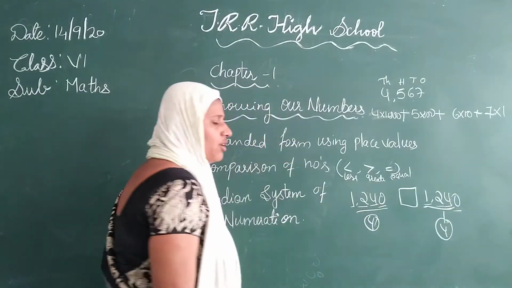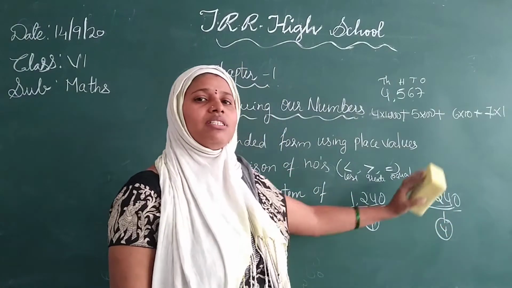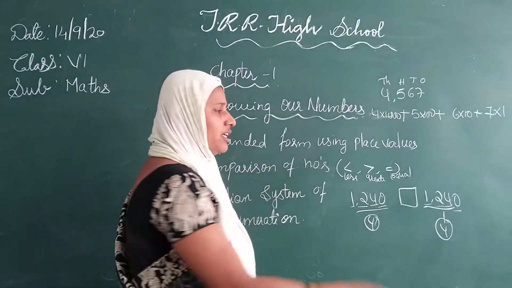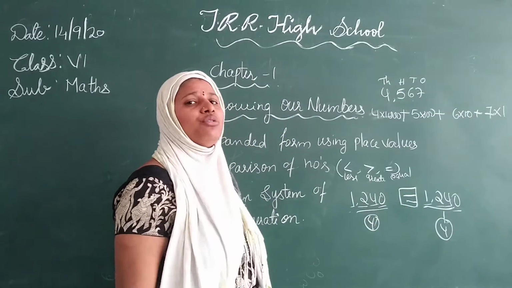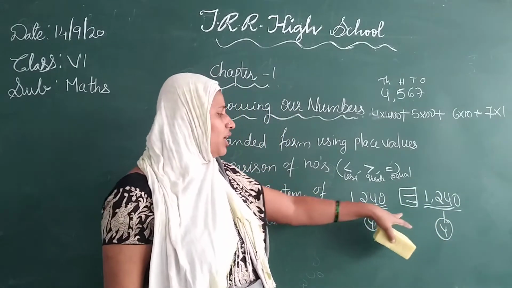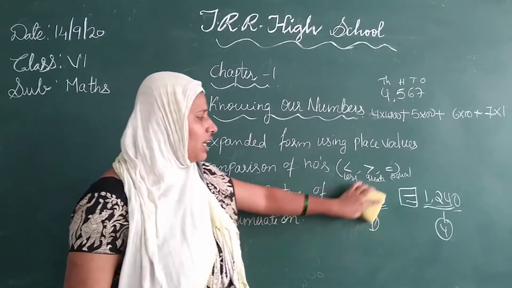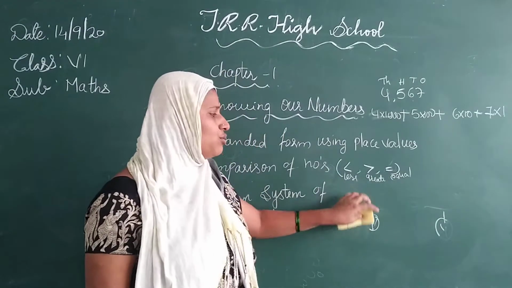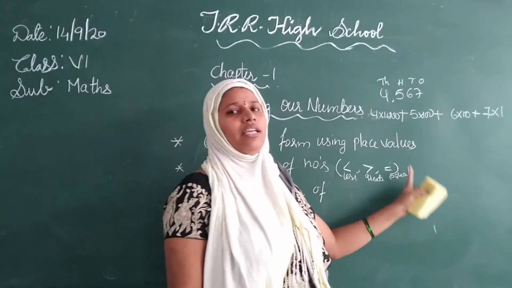So if you observe, in both the cases the numbers are same. So if the numbers are same, we can say that these two numbers are equal. So this is the symbol which we use for equality. So these two numbers are equal. So this is how we learn the comparison of two numbers using the symbols less than, greater than and equal.